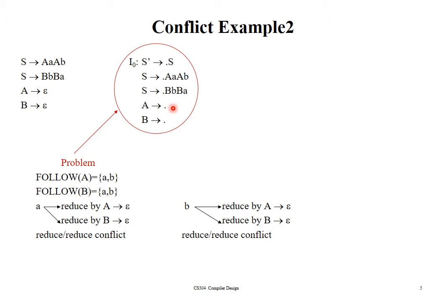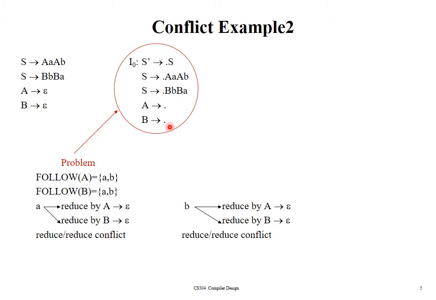So in this case, A gives epsilon and B gives epsilon, the items end in I0 itself. So for state 0, under follow of A and follow of B, we have to write R3 and R4, that is, A gives epsilon and B gives epsilon are the R3 and R4 productions respectively.